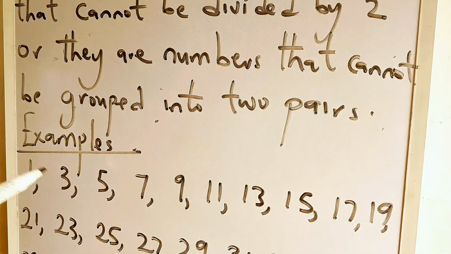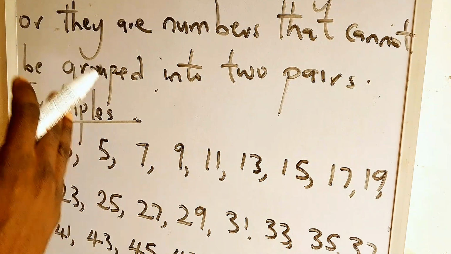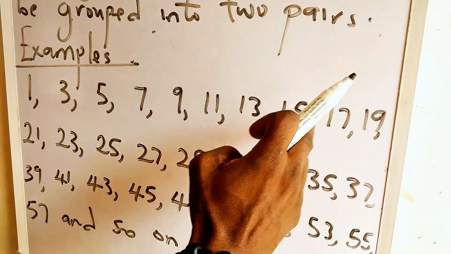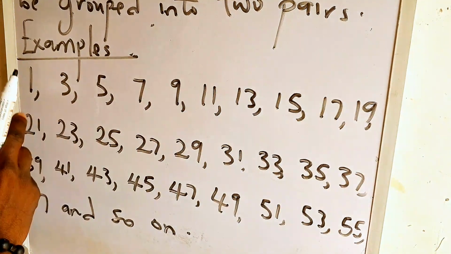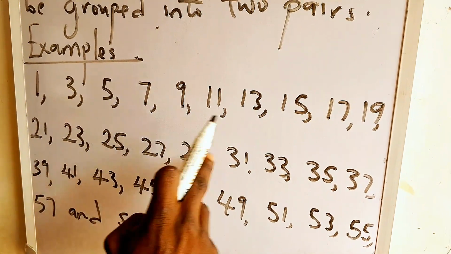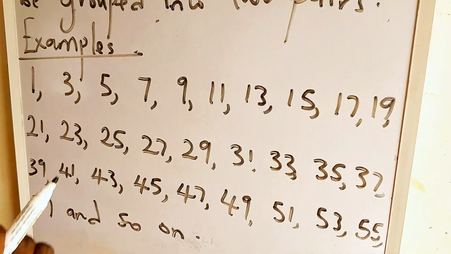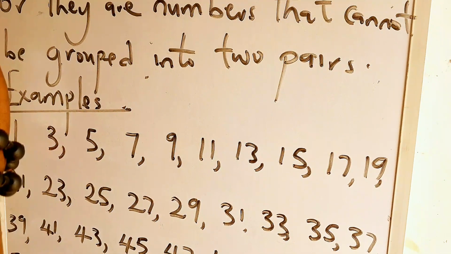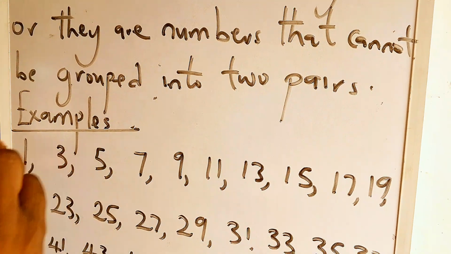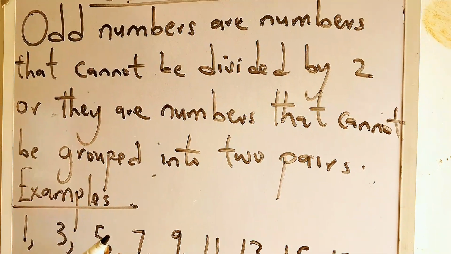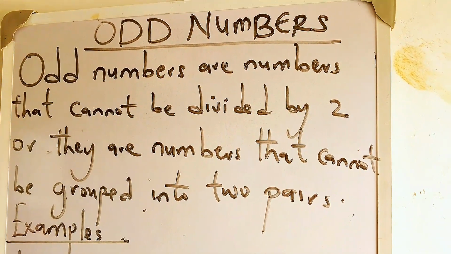These numbers are 1, 3, 5, 7, 9, 11, 13, 15, 17, 19, 21, 23, 25, 27, 29, and so on. Now, when you pick each of these numbers and divide it by 2, you realize that 2 cannot divide them completely. There will be a remainder. So these are called what? Odd numbers.